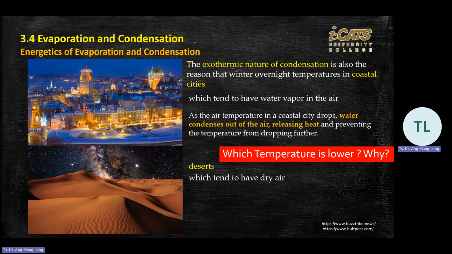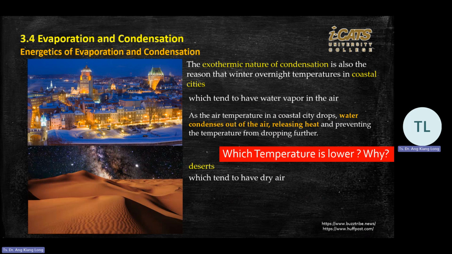Right? So they will prevent the temperature from dropping further. So this one happens in the coastal city. When the air temperature drops, the water in the air will condense out of the air, releasing heat and preventing the temperature from dropping further.